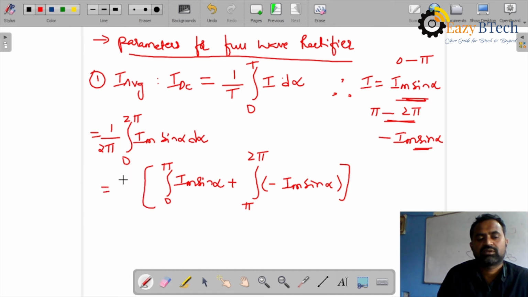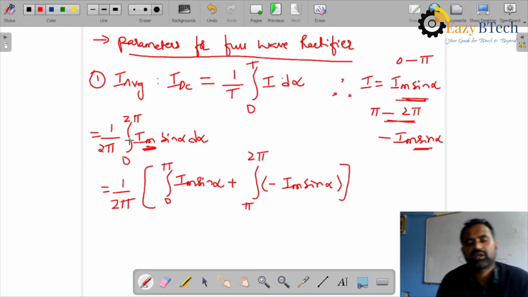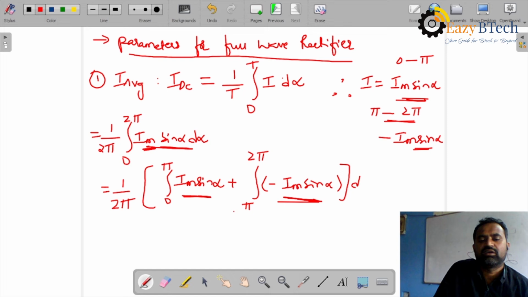This one is equal to 1 by 2 pi. Here Im is there. Now you may choose, if you take Im constant, then you may write 0 to pi sin alpha, but we are including the Im inside, we may write it like this, 1 by 2 pi, 0 to pi Im sin alpha and pi to 2 pi minus Im sin alpha into d alpha. Here also d alpha.